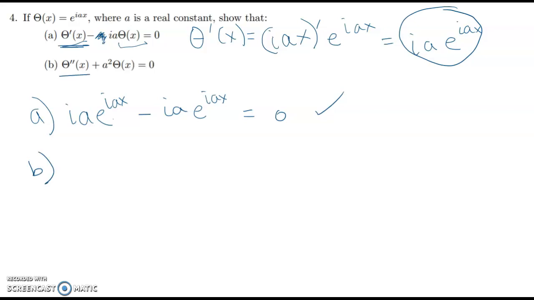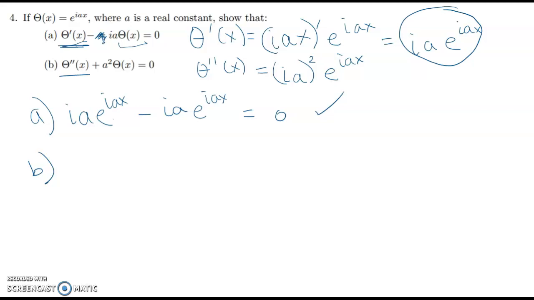Apparently you have to differentiate it twice, so let's do that. This was our first differentiated answer, so let's differentiate it again, which means i a times, that one is also another chain rule, so the derivative of the exponent comes to the front and you get i a to the power of 2, and e to the power of i a x also gets kept.